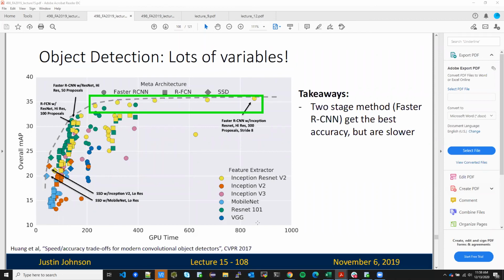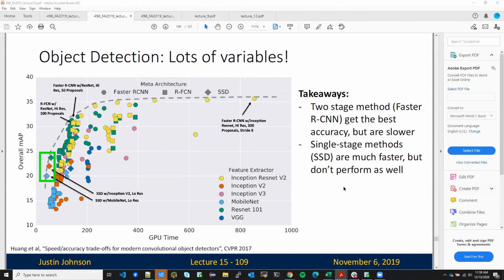So maybe if you are doing it on a mobile device, you might prefer a single stage detector, because you care about how much time it takes. Of course, all the single stage detectors are much faster, but mAP wasn't as good.